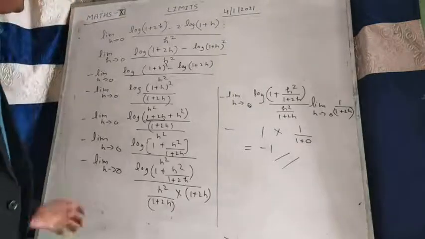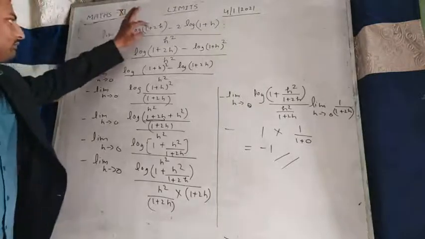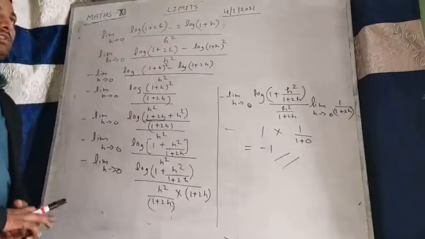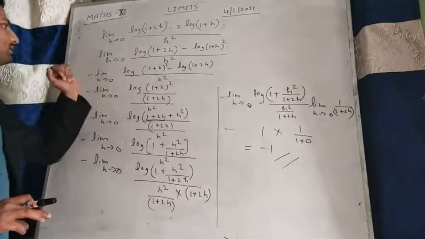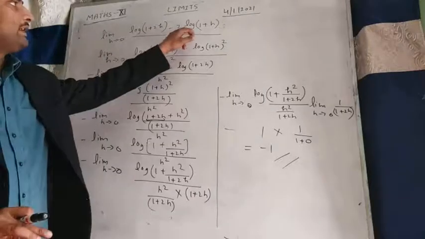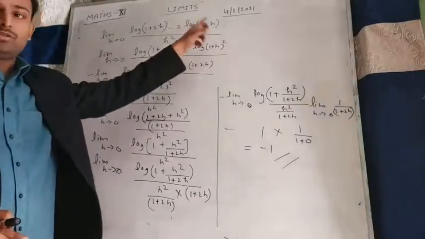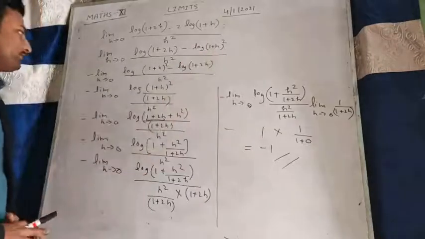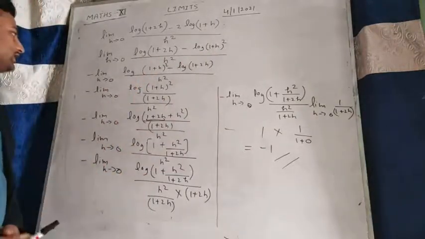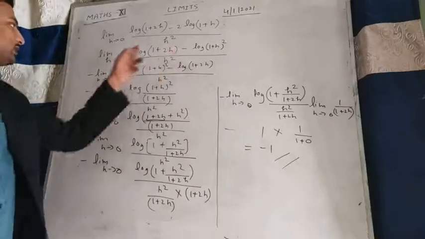Let's see once again. This is our log 1 plus 2h minus 2 log 1 plus h by h square. Now limit h tends to 0, we can write log m to the power n, this 2. Okay, so we get log 1 plus h to the power 2 and this is h square. Now, student, we are taking negative sign outside.